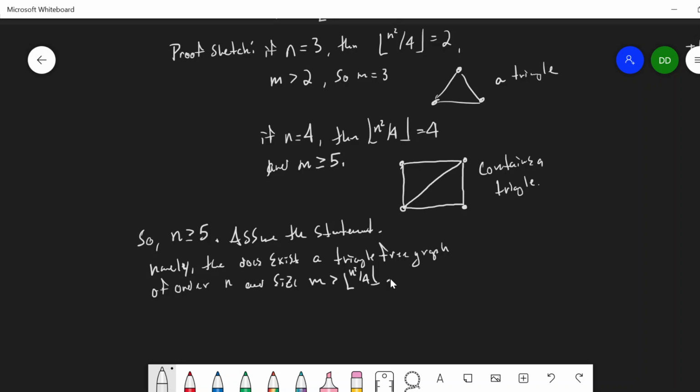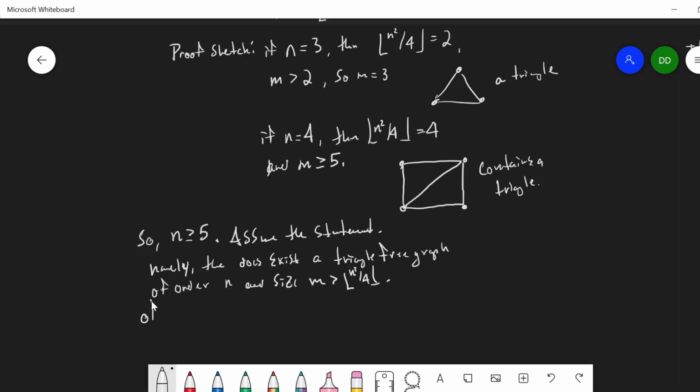And since we already have this base established, we can say there's some smallest counterexample. We're assuming there's at least one counterexample. There could be others. Of all of the counterexamples, we're going to select one with the smallest order.